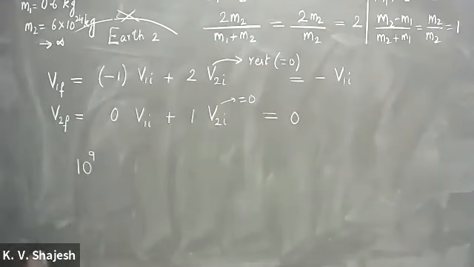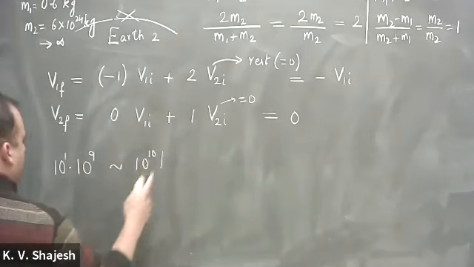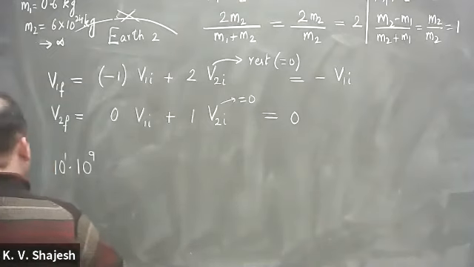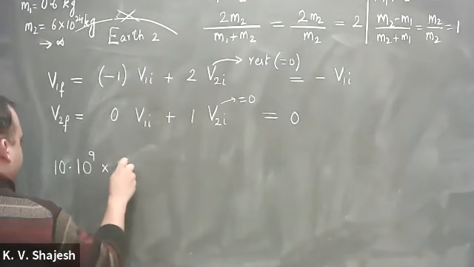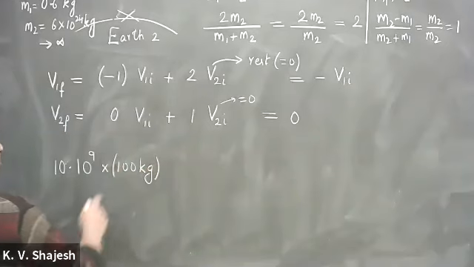Let's say there are 10 billion people, each weighing on average 100 kg.